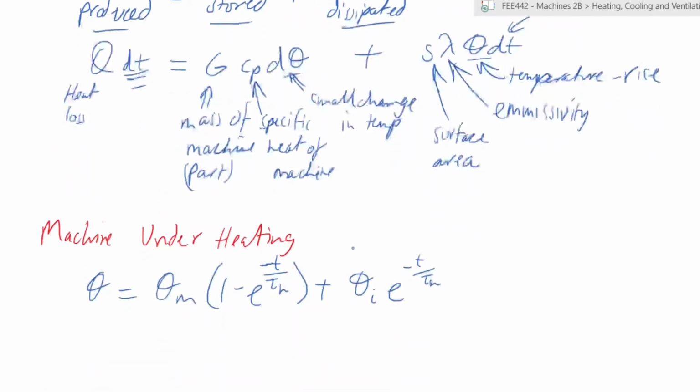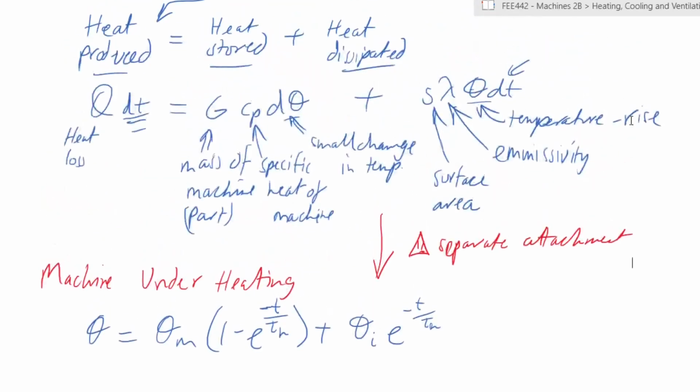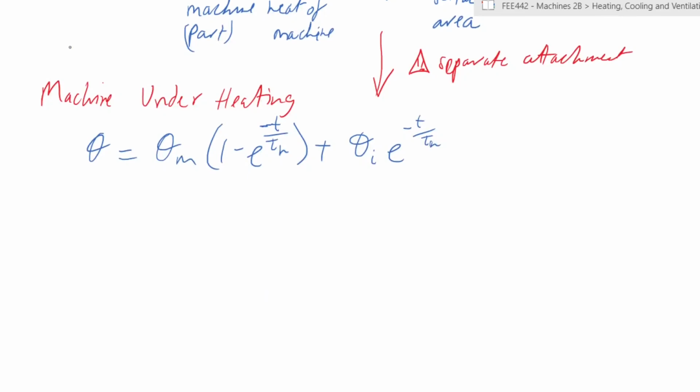So from this expression to this expression, you can get the derivation in a separate attachment. We won't go into it right now, but you can look at the derivation and how we got from here to here in the attachment to this lecture.